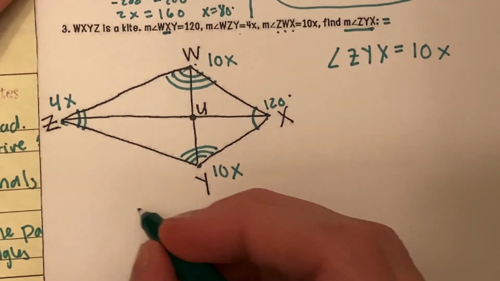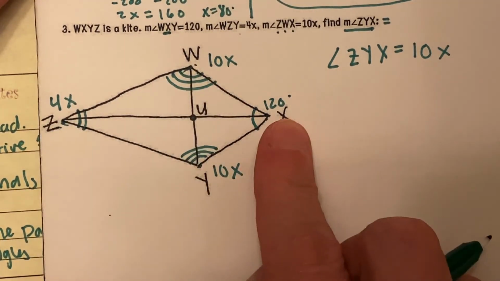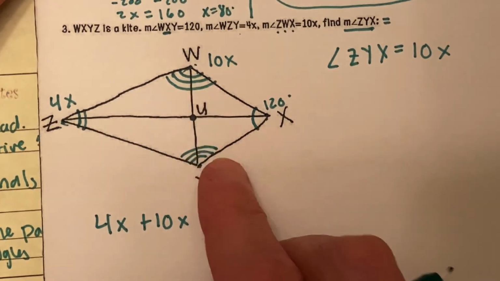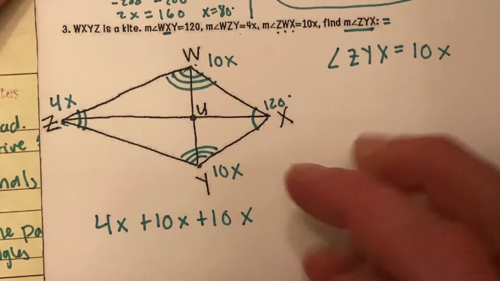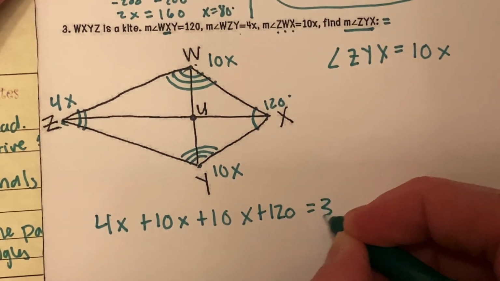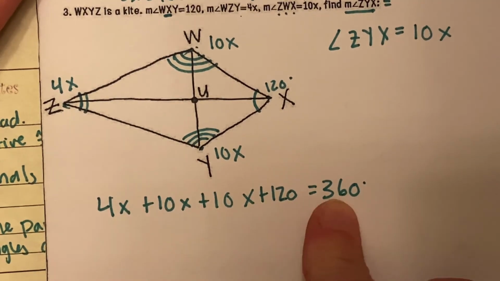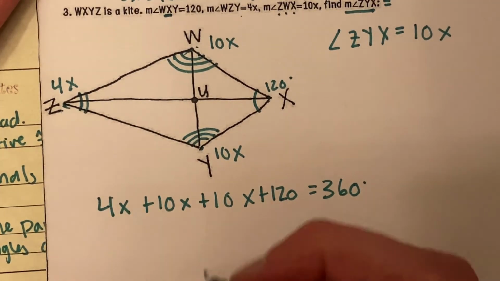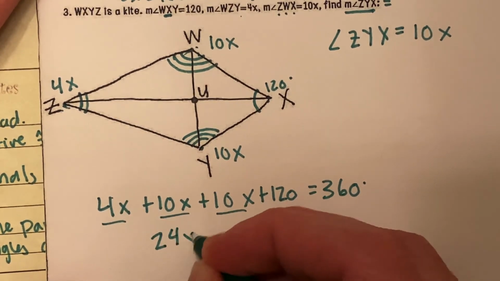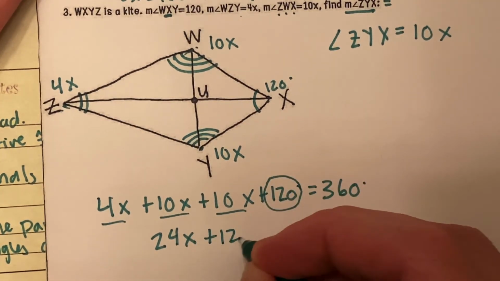So I'm going to do the work down here. So 4x plus 10x plus 10x plus 120. So the first angle plus the second angle plus this angle, I always like to write my x's first, plus this number, 120, equals, all the angles have to be 360 degrees. So now I want to combine like terms. So all the x's will be combined. So 4x plus 10x plus 10x is 24x. 120 does not have an x next to it, so I just added it at the end.